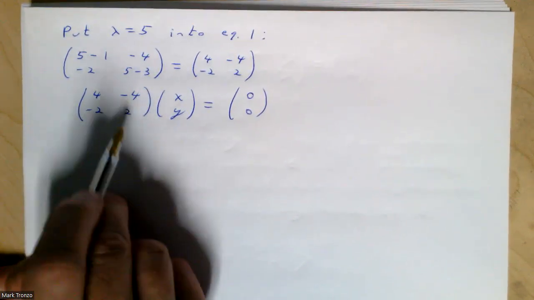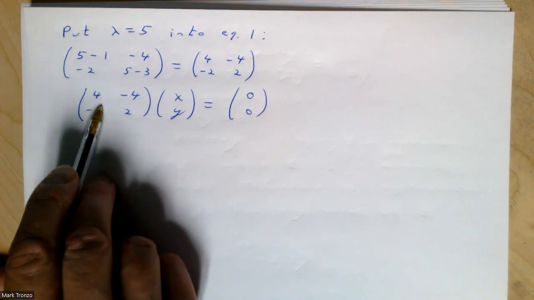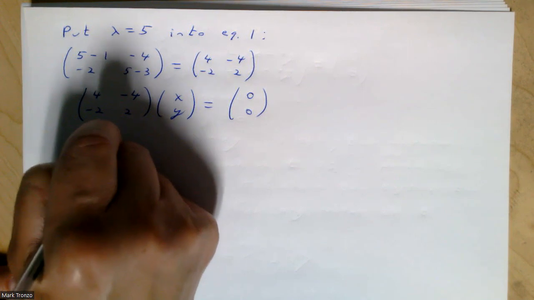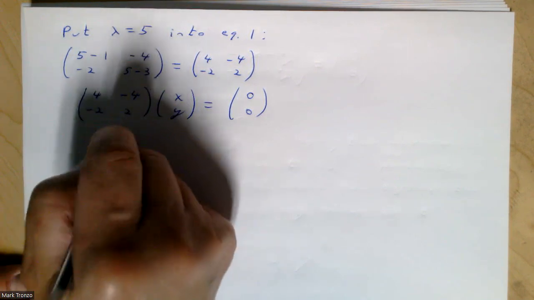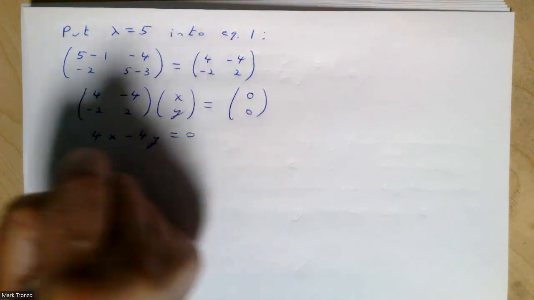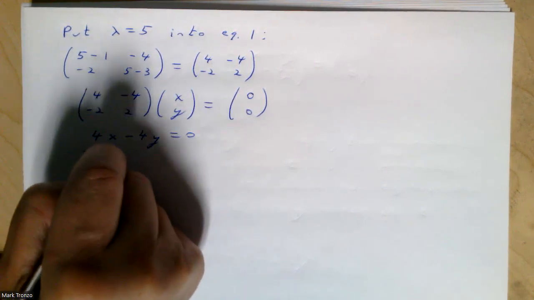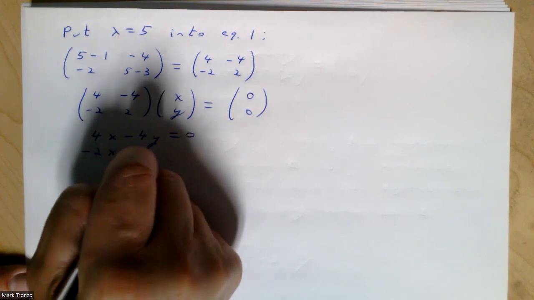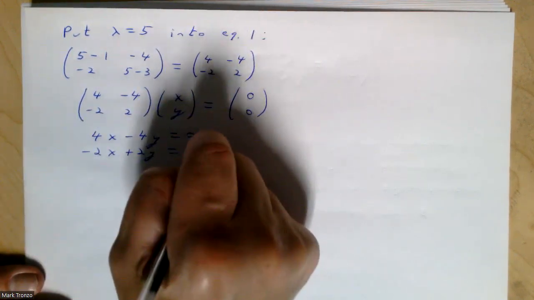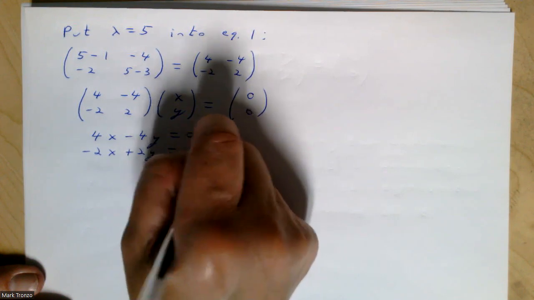Once again, what we get here is 4x minus 4y is 0. The other one is going to be minus 2x plus 2y is 0. Once again, they're the same equation because they're scalar multiples of each other.